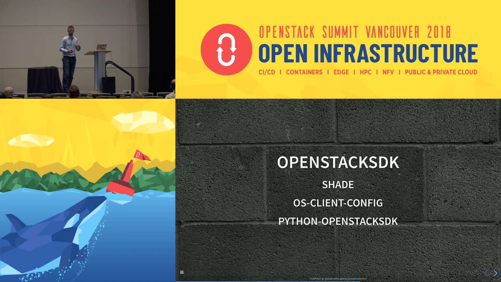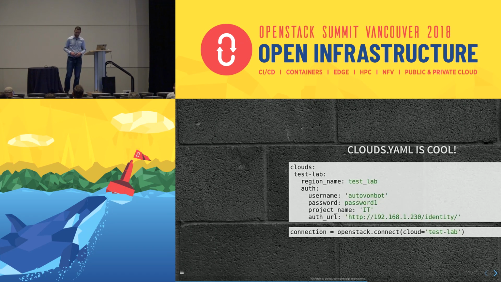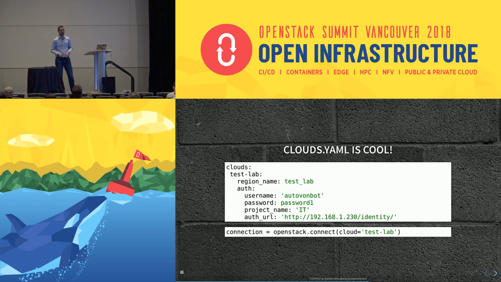It's actually now, we took the 3 projects of Shade, OS Client Config, and the Python OpenStack SDK, and now it is one project called OpenStack SDK, where it combines a lot of the goodness of all these different things into one. And the really nice thing about this is a lot of it is driven off of a clouds.yaml file. So if you're in an environment where you actually interact with multiple different clouds, this is really cool.